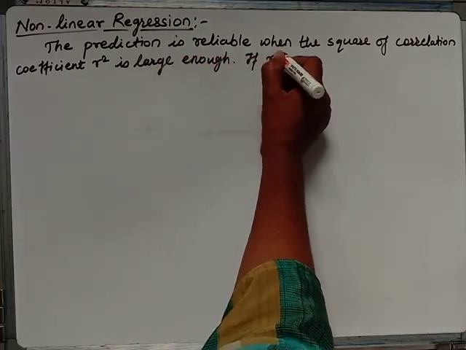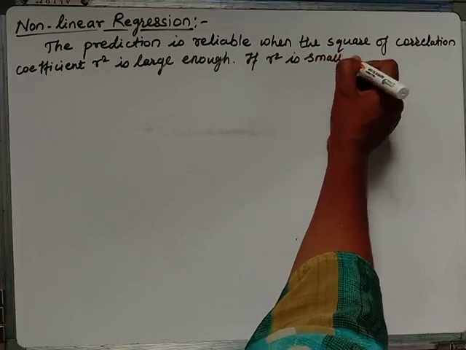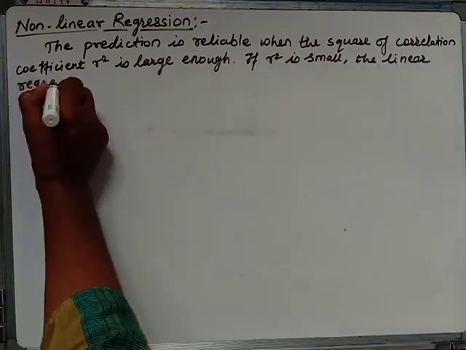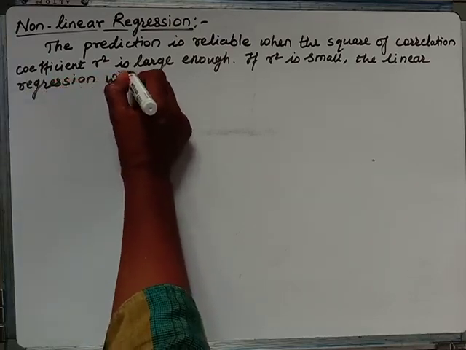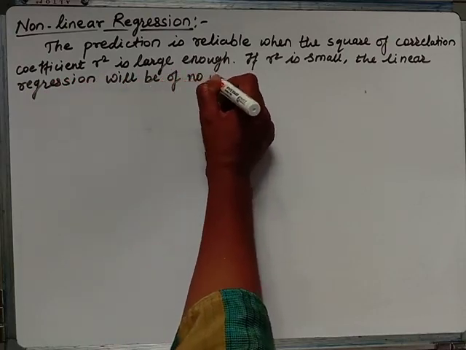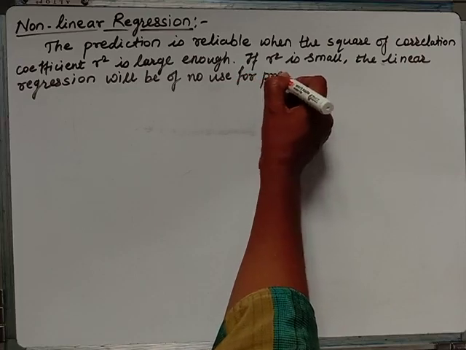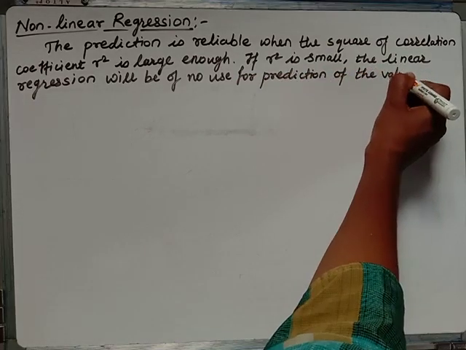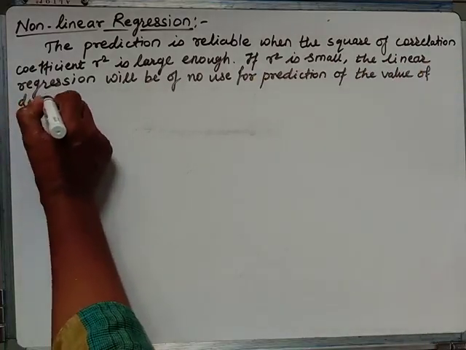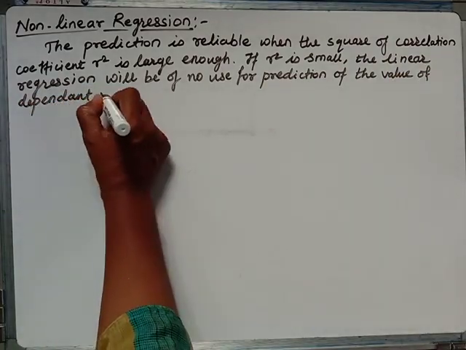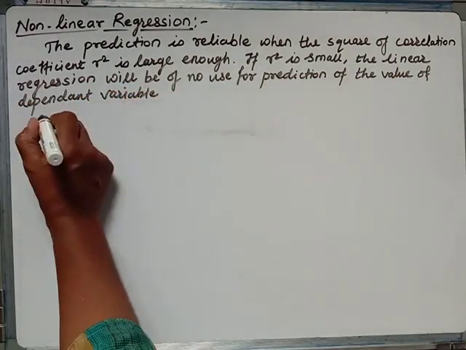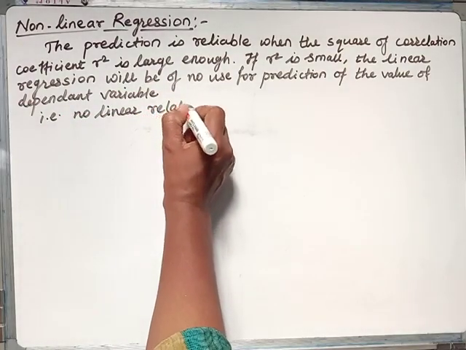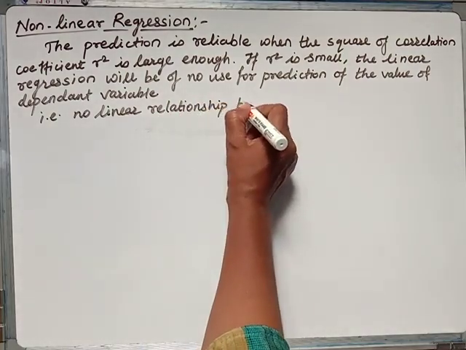But if r square is small, the linear regression will be of no use for prediction of the value of the dependent variable, that is, no linear relationship between them.